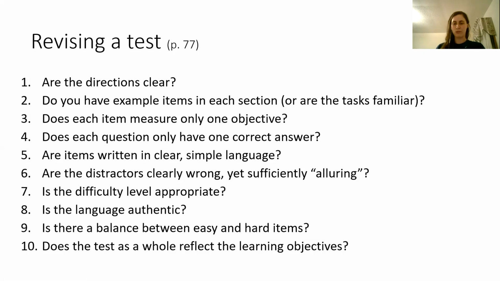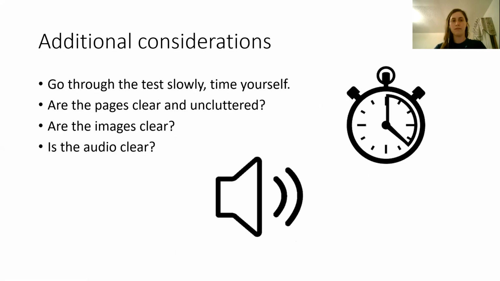Like if you have several multiple choice questions, you can make it like a dialogue instead of having them decontextualized, because that's inauthentic. There should be a balance between easy and hard items. The hard items can be challenging for the students that are excelling, the easy ones can help those that are struggling, and the test as a whole should reflect the learning objectives.